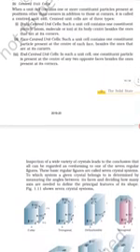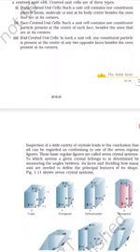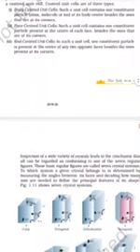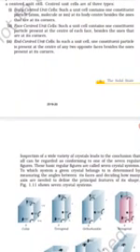Now, the centered unit cells are of 3 types. First, body-centered unit cells, also known as BCC in short. In BCC type of cell, the constituent particles are present at its body center along with the particles at its corners.